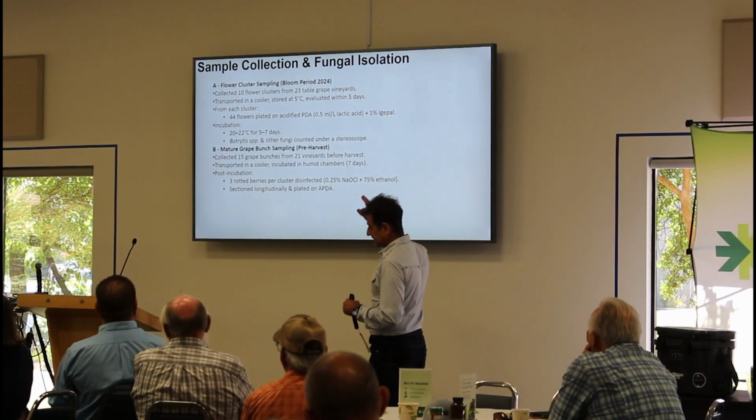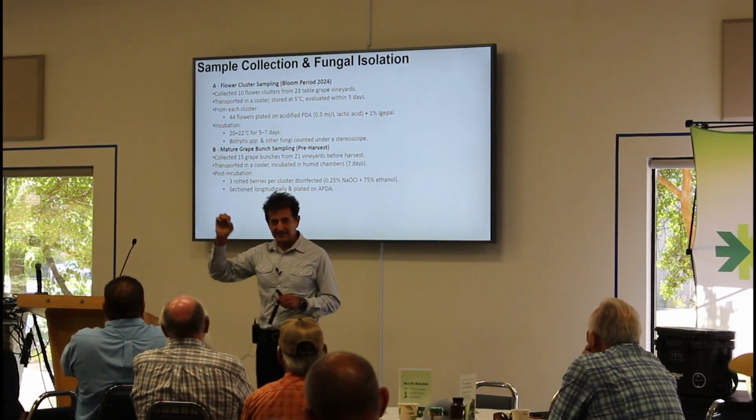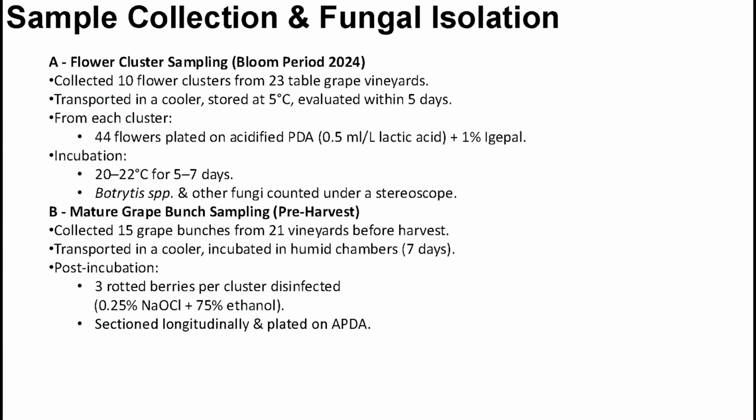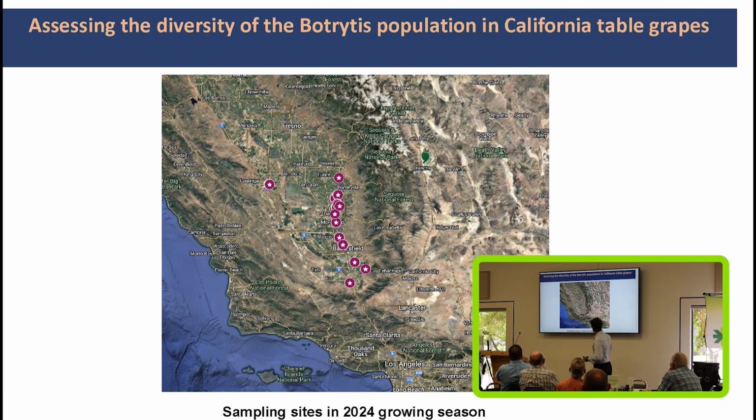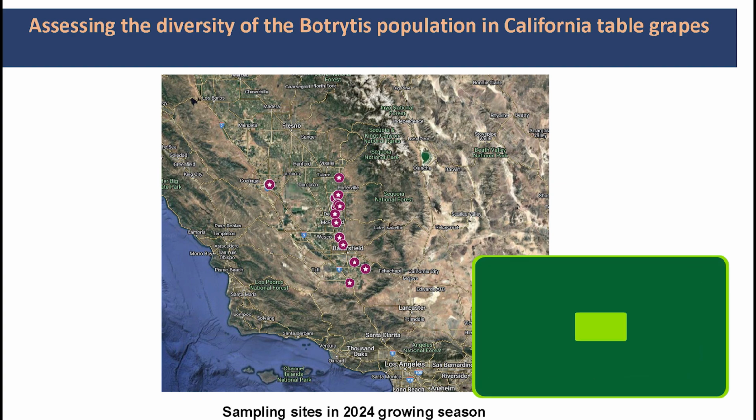What we did with this experiment is that we collected samples of the flower from different locations in the vineyard. These are the locations. We are right here, and we collected samples from all the table grape growing areas.